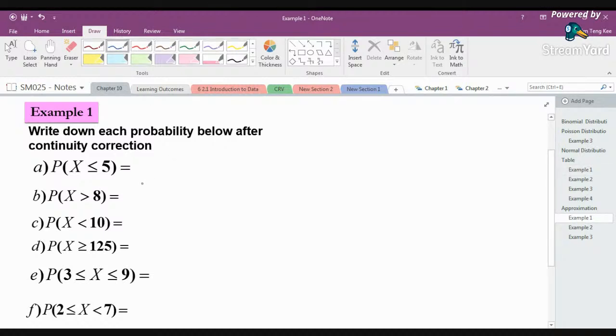So let's see, how am I going to do continuity corrections? Without memorizing whatever formula you can see in the slides or in the books, we just use common sense interpretation. First of all, you see in these inequalities here, x less than or equals to 5, the value you see is 5. And the inequality has an equal sign.